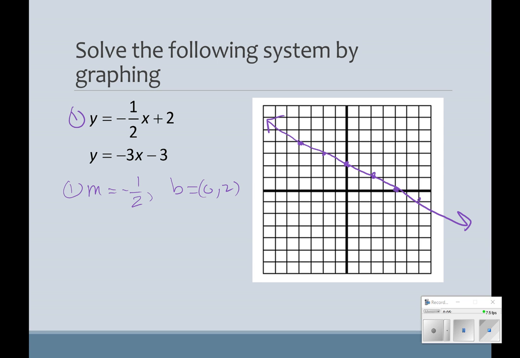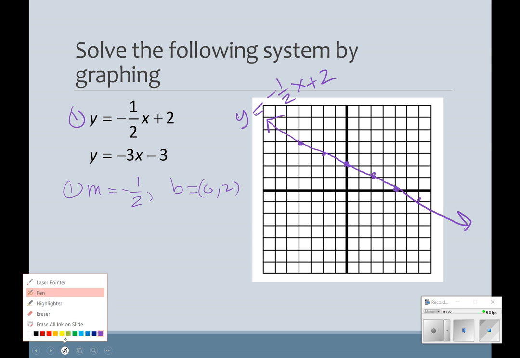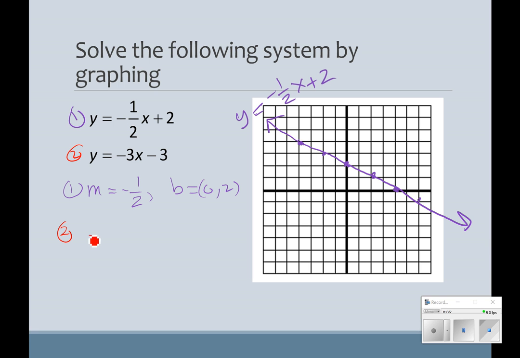Okay, my second line, and it helps also if you label, so if you make mistakes, we can easily go back and find your mistake. Of course, you guys will never make any mistakes. Okay, the second line, my slope is -3 or -3/1, and my y-intercept is (0, -3).